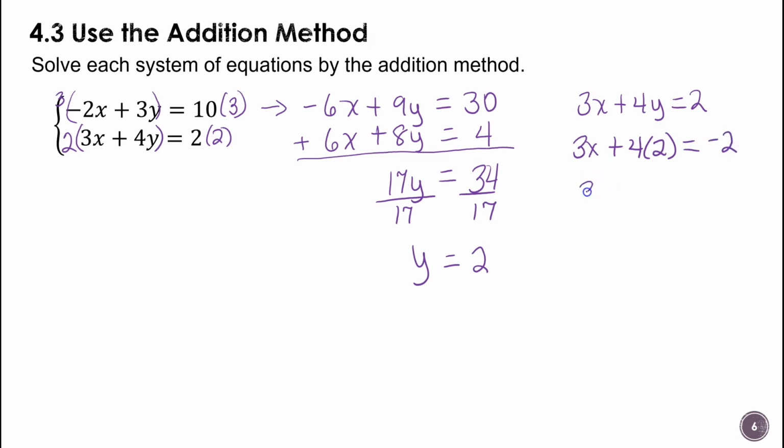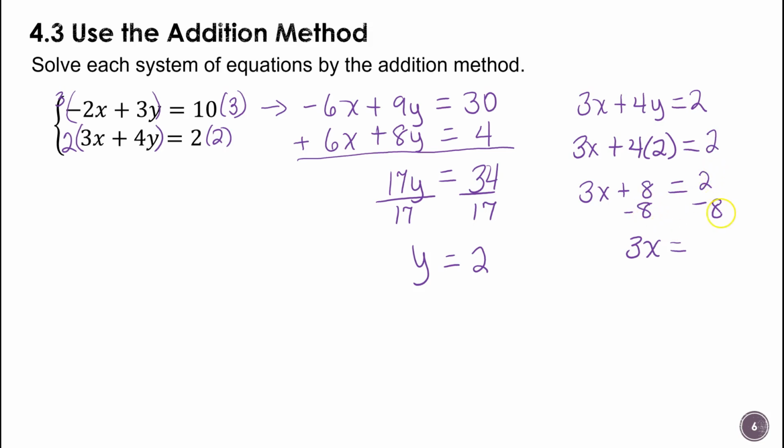And then we're going to solve this little equation. That's 8 equals 2. I'm going to subtract the 8 on both sides. And then I have 3x equals, let me pause. Okay, so if you have a little glitch in your video right there, I noticed when I rewrote this up here, I put in a negative 2, which is not right.